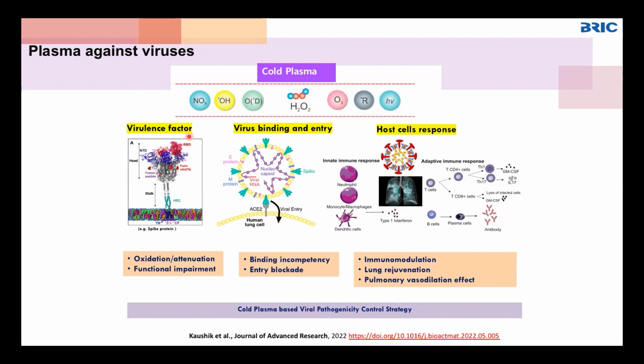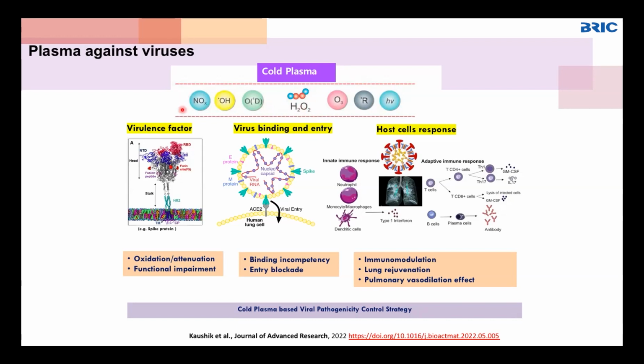So basically, in plasma, we can generate nitric oxide species, hydroxyl species, singlet oxygen, ozone, and some other active species, and a little amount of UV. Before, we used to think that all these species are important for virus inactivation. But some of these species can have toxicity.